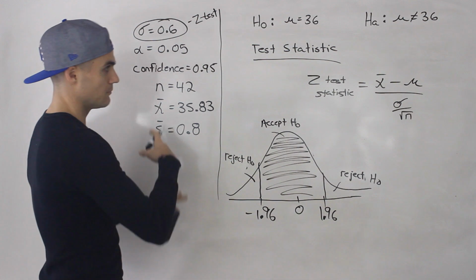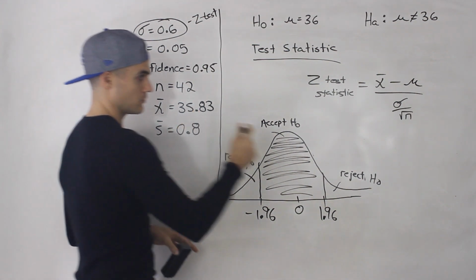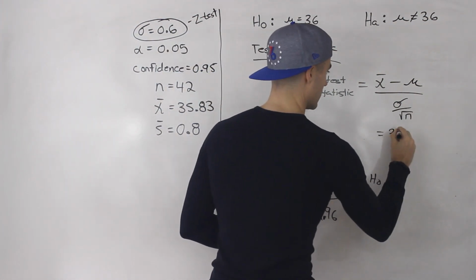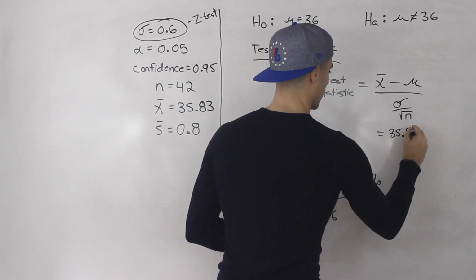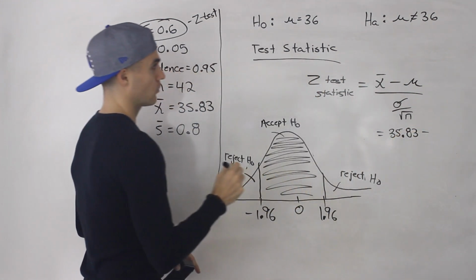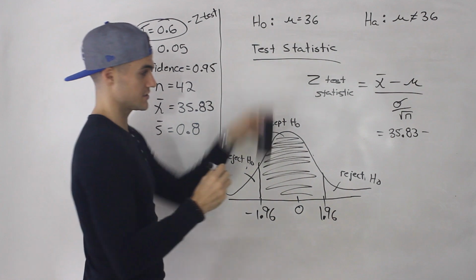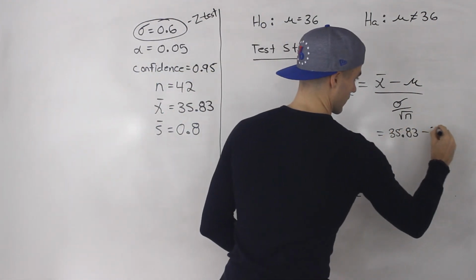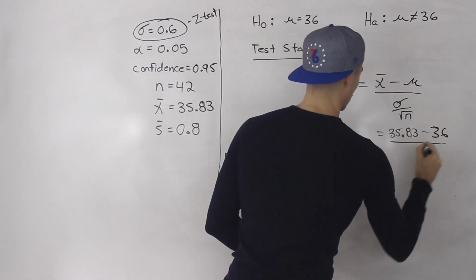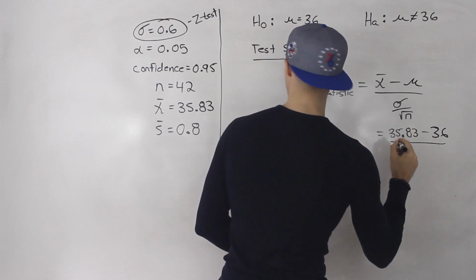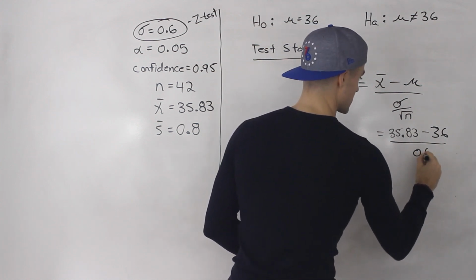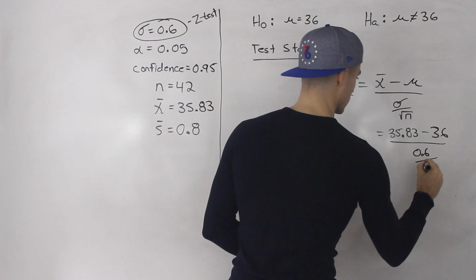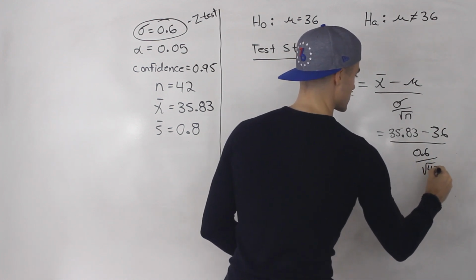And so we would just input our info. So our sample mean, 35.83. Our population mean, 36. All over our population standard deviation, which is 0.6, over the square root of the sample size, which is 42.